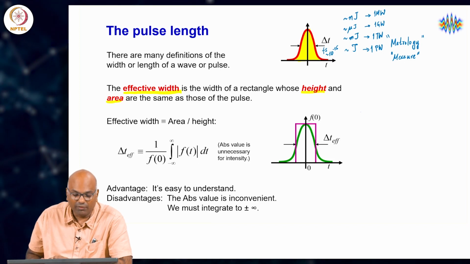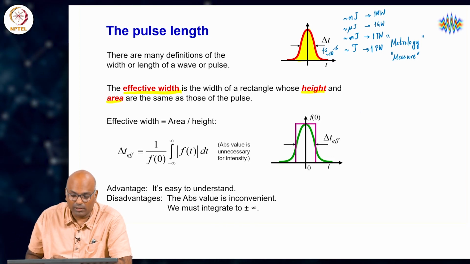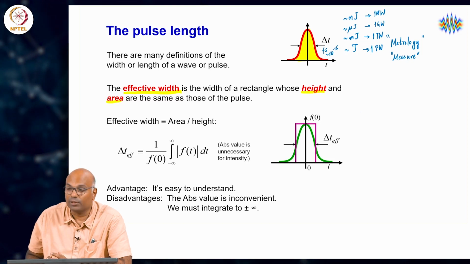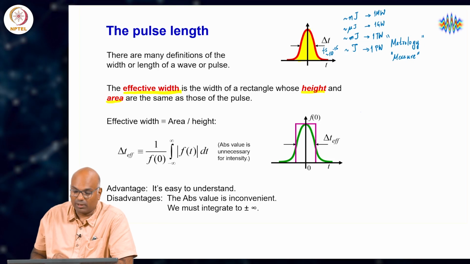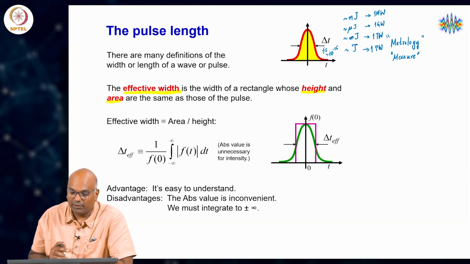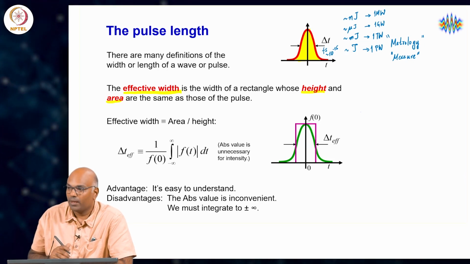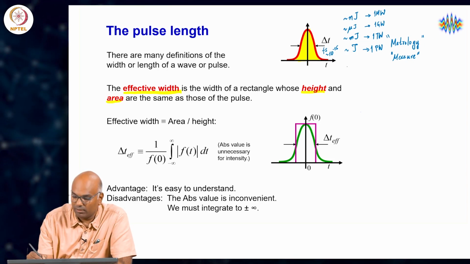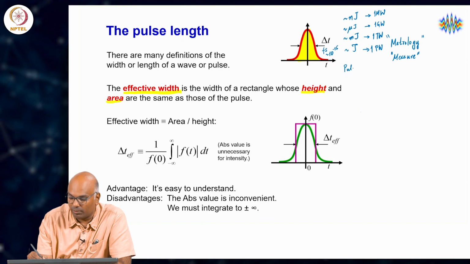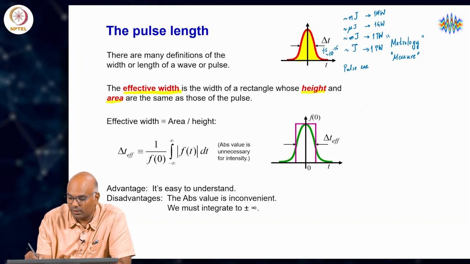Yeah. So, basically the effective width of a pulse is not a bad measure. It's a good measure which is easy to understand, but the point that we need to appreciate is that when I integrate the area under this curve, I am determining the pulse energy content of the pulse.